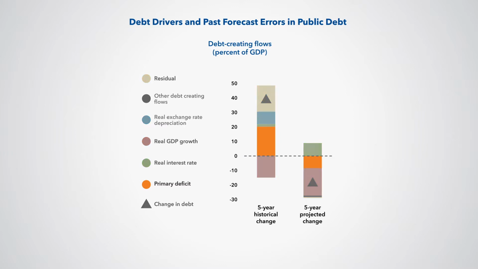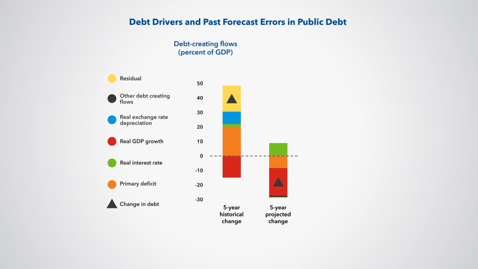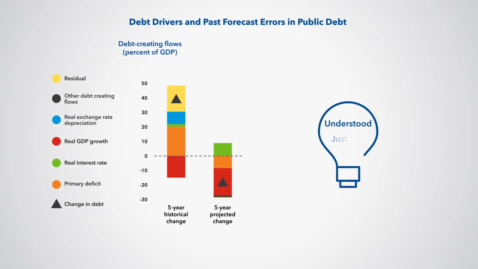These are the primary fiscal deficit, real GDP growth, the real exchange rate depreciation, other debt-creating flows, and the residual. When there are significant discrepancies between the past and the projected debt-creating flows, these discrepancies should be understood and justified.